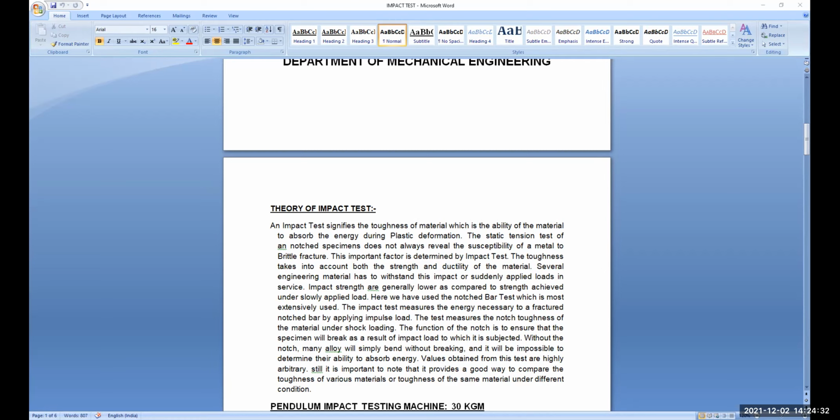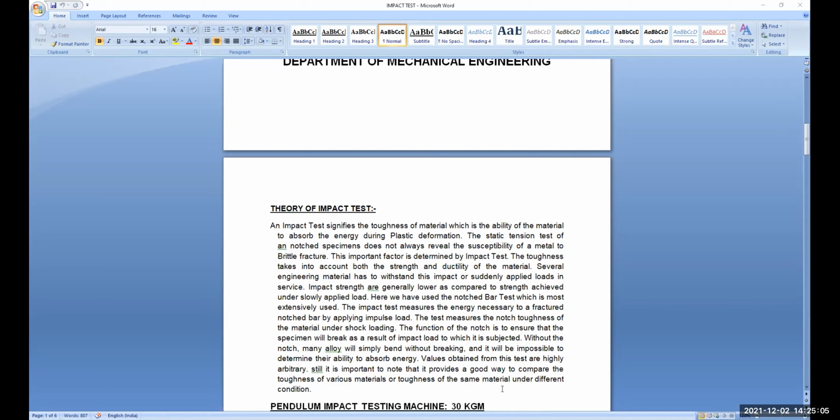But it provides a good way to compare the toughness of various metals, or the toughness of the same material under different conditions. So it is a reliable way to compare the ability to absorb energy of bars made of different materials.